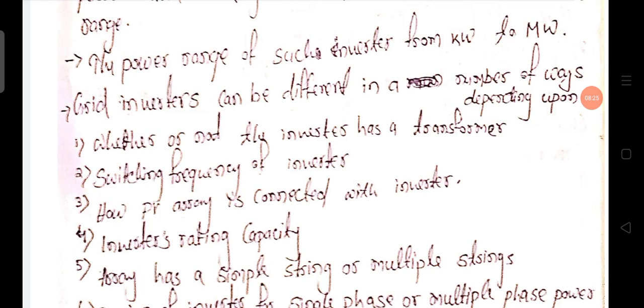The second is the switching frequency of the inverter; on the basis of switching frequency, inverters are categorized. The third is how the PV array is connected with the inverter. This connection also determines the inverter type. Then the inverter's rating capacity also makes inverters different.